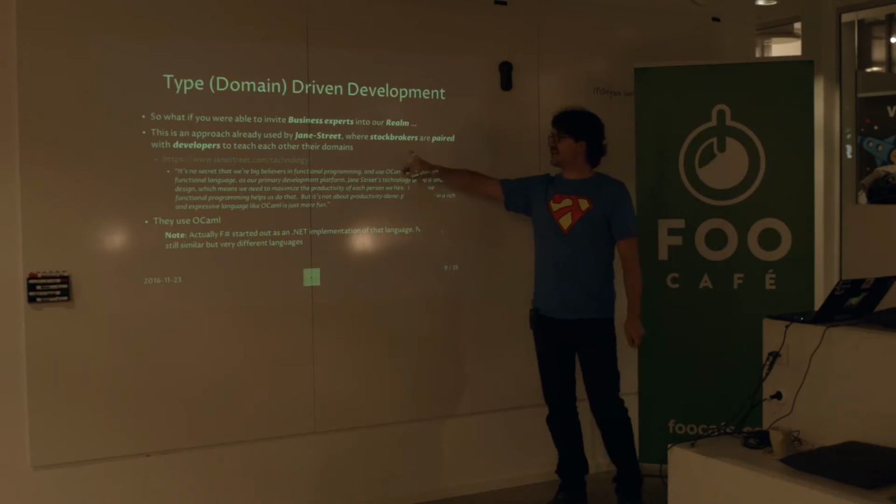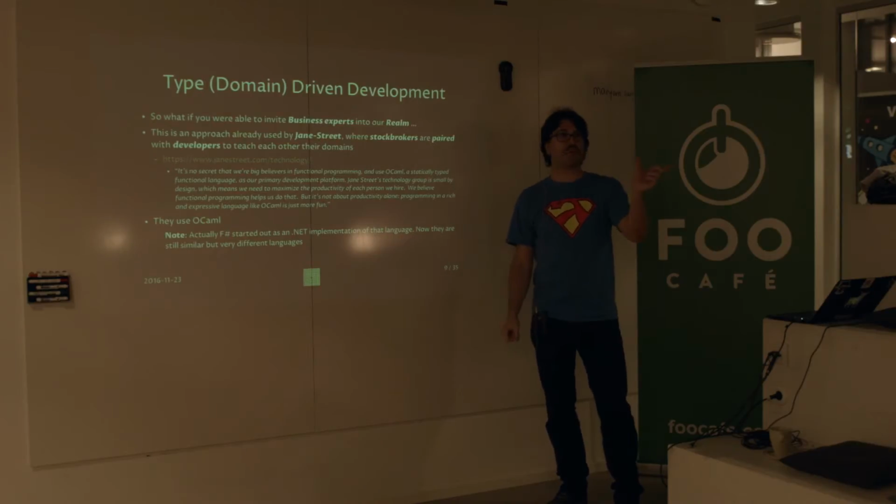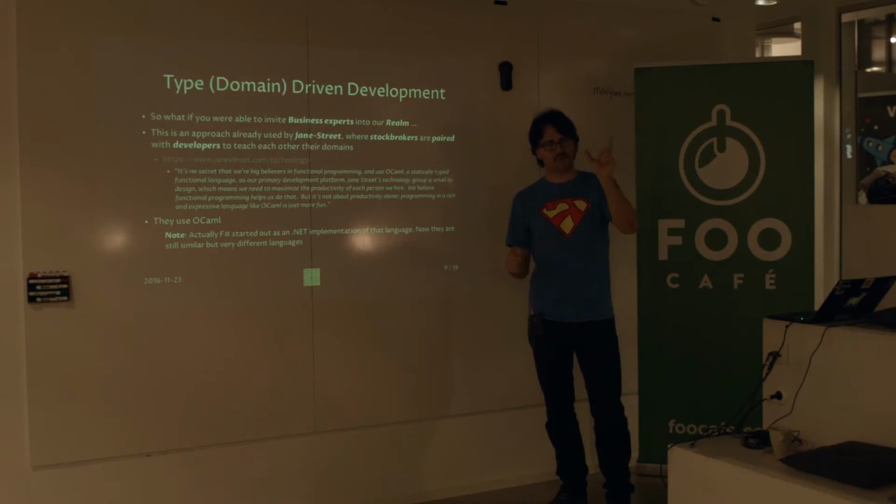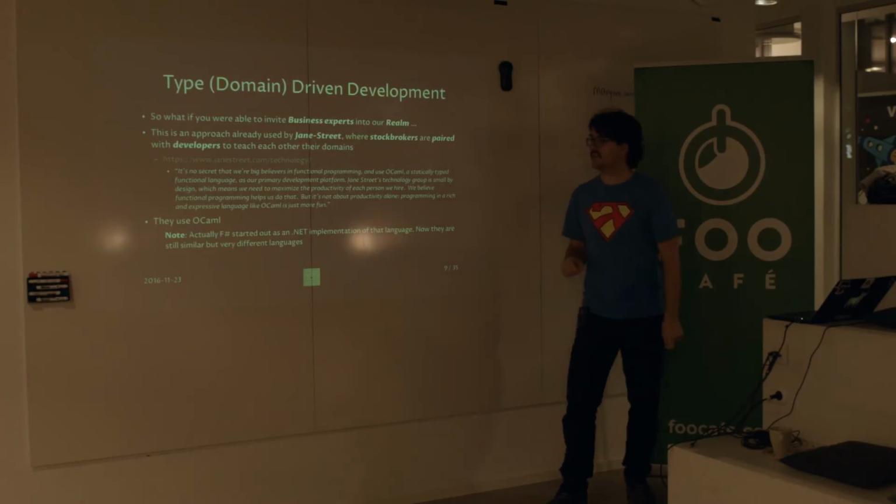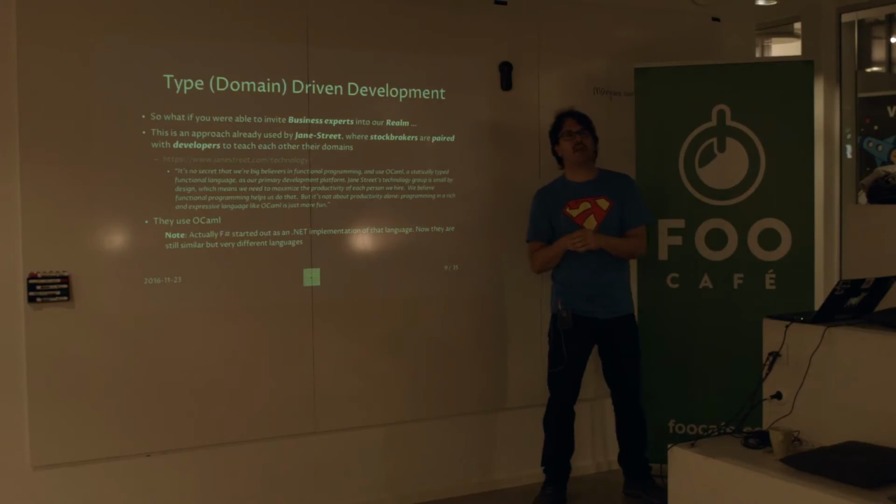What they do is take stockbrokers and pair them with a developer. That's the first thing they do when they hire people. The stockbroker has to tell the developer how they actually work in this domain, and the developer has to talk to the stockbroker. When we code, we try to represent this in different paradigms.